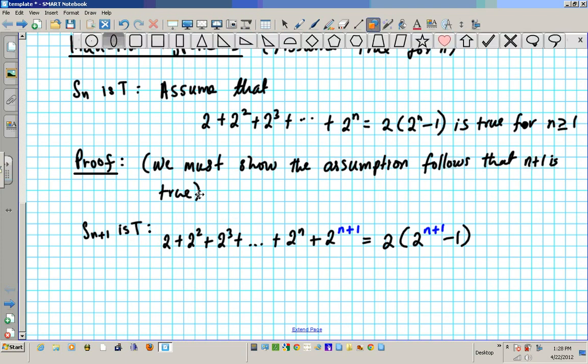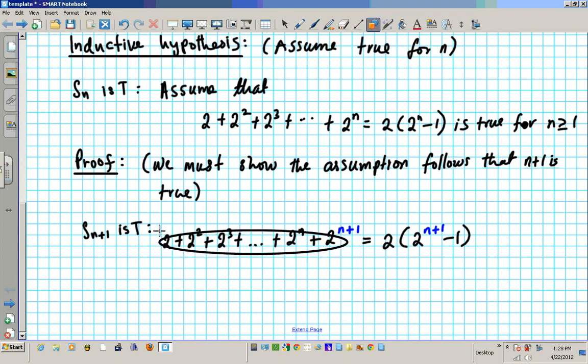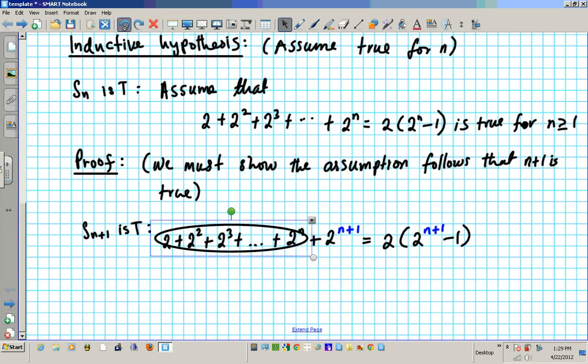This piece right here is equal to something else. What is it equal to? This piece that I have circled is exactly the same as this equation right here. But based on our inductive hypothesis, since this is equal to that, I can simply replace that with this expression right here. Okay, so I'm going to make that substitution.